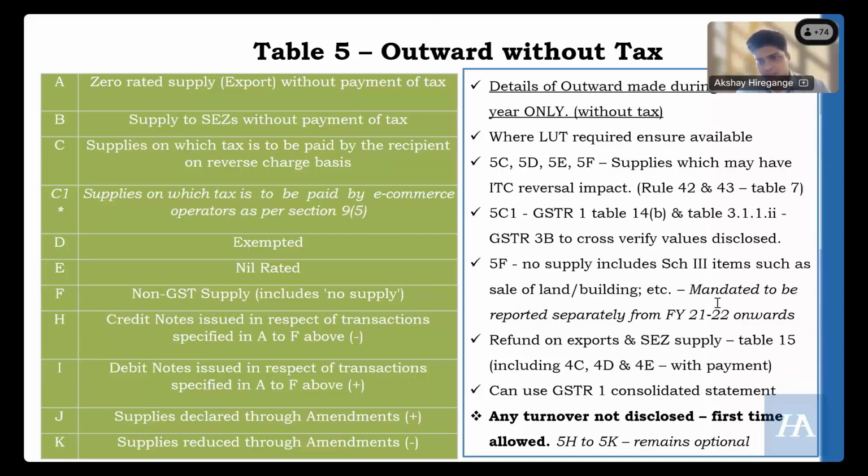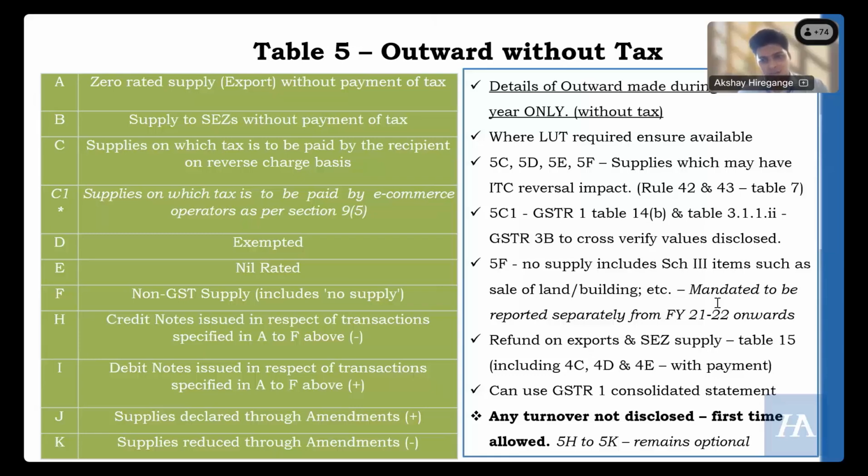RCM liability recognized during preparation of 9. Can this be reported in 3B of November or December? Additionally, is ITC allowable? This depends on whether your RCM liability itself is with respect to a registered or unregistered vendor. If it is a registered vendor, the registered vendor is ideally supposed to show the tax portion and you are required to pay under RCM.